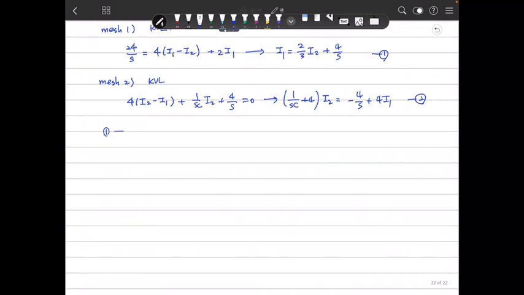Then we will do this, to make it more simple.